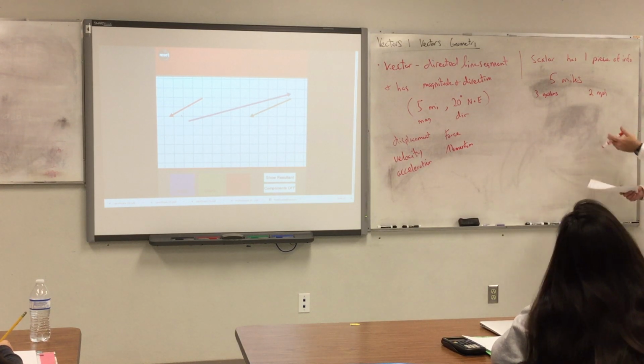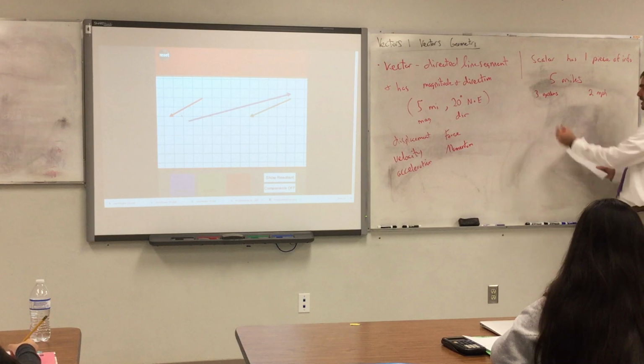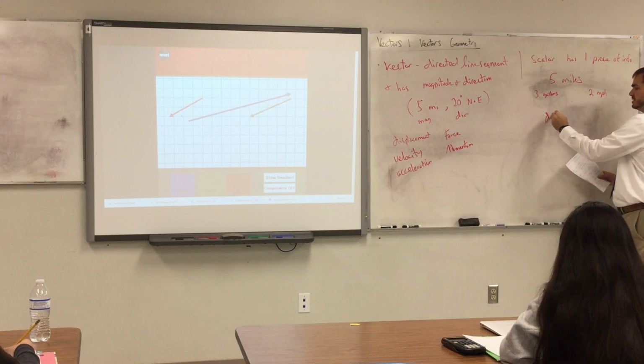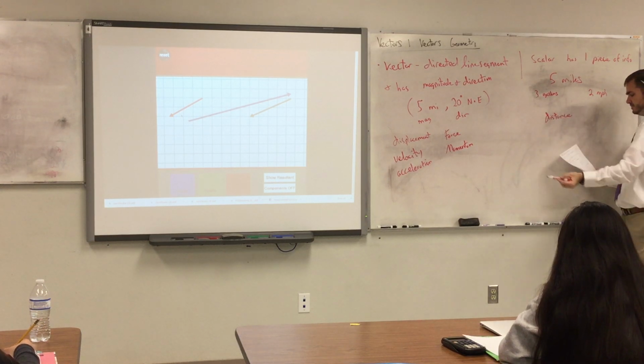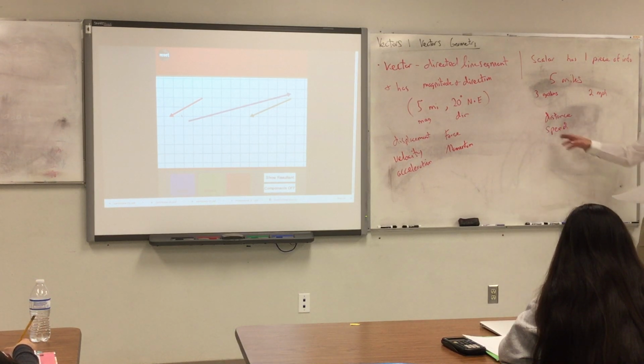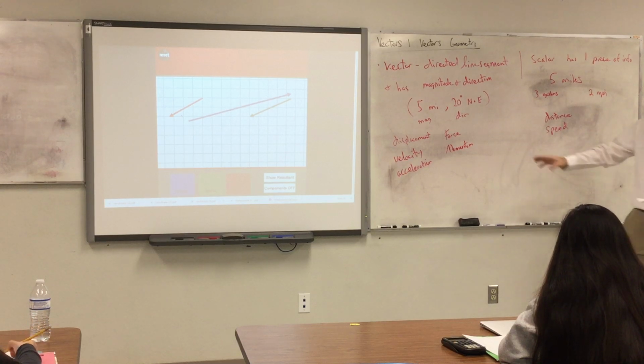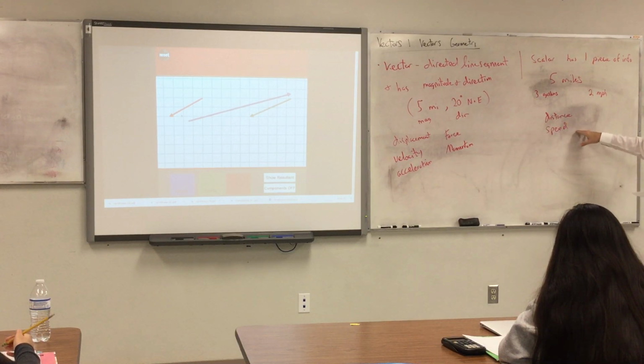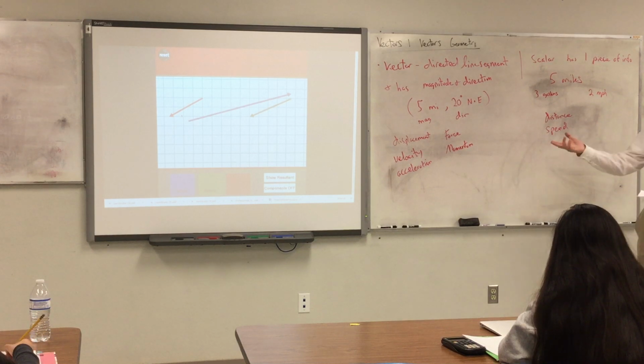Some examples of scalars would be something like just distance, speed. So technically, velocity and speed, you might be like, those are the same thing. Well, technically, velocity is a vector quantity, and speed is a scalar. Speed is just the magnitude of the velocity.